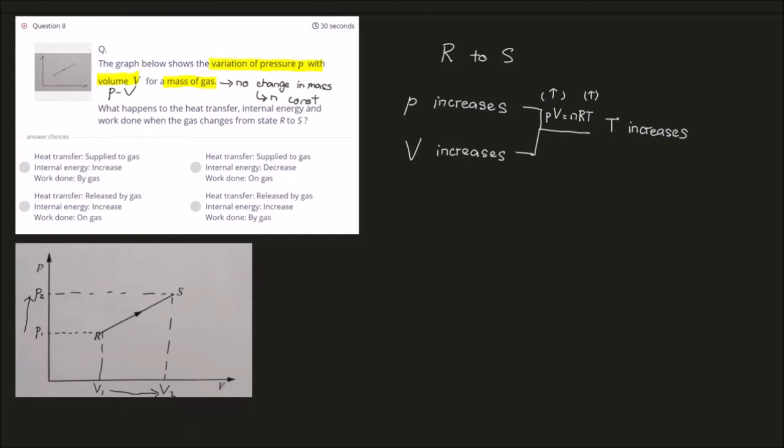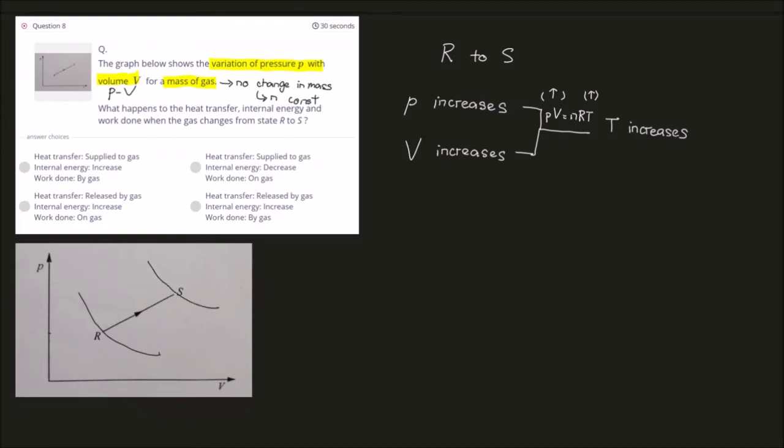If you don't want to do it mathematically, you can do it graphically as well. You might be familiar with the idea of isotherms. You learn it when you're doing isothermal processes, or learning about Boyle's law. For this situation, you can see that R will be on an isotherm that is lower compared to the S isotherm.